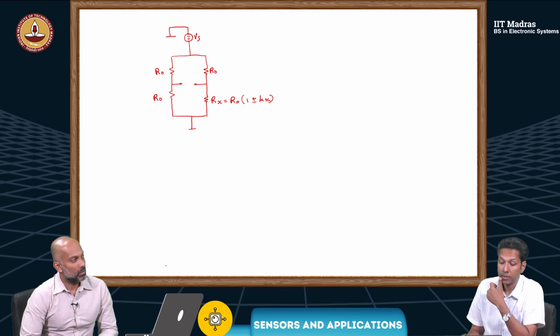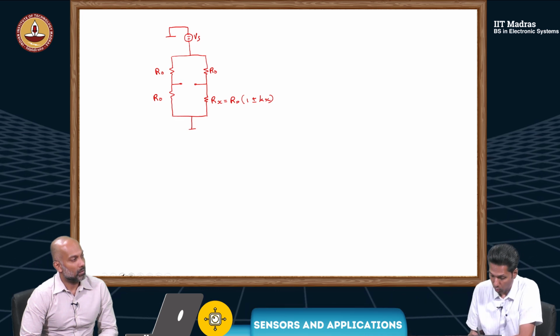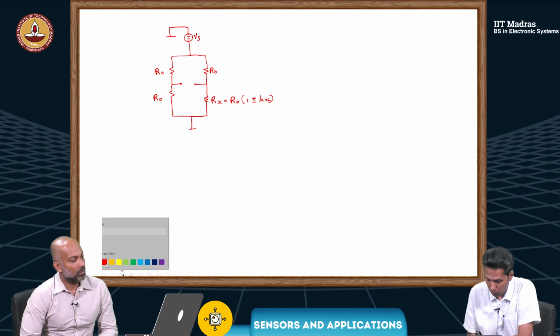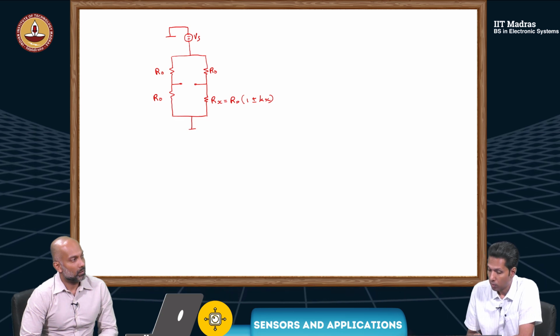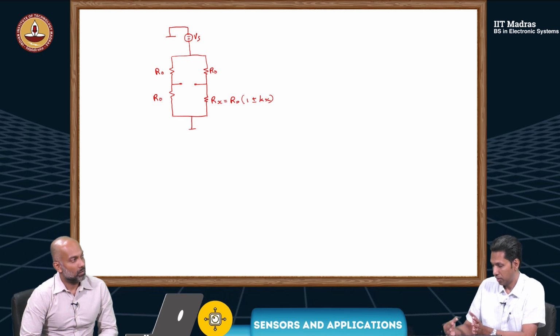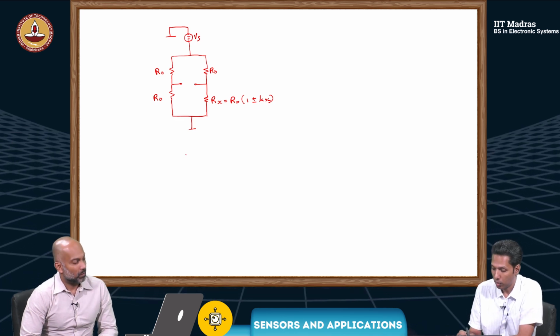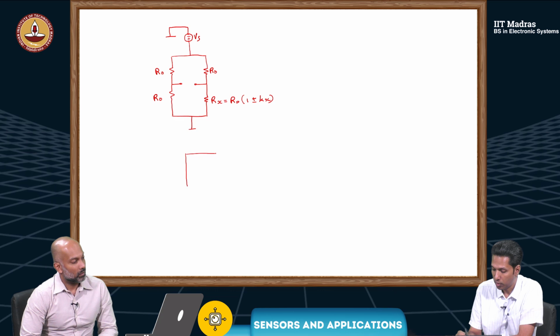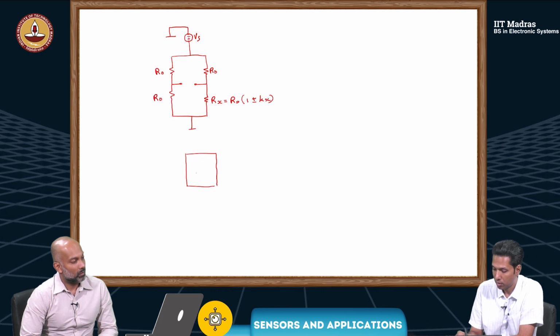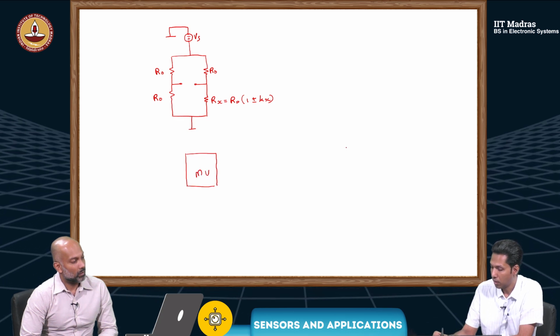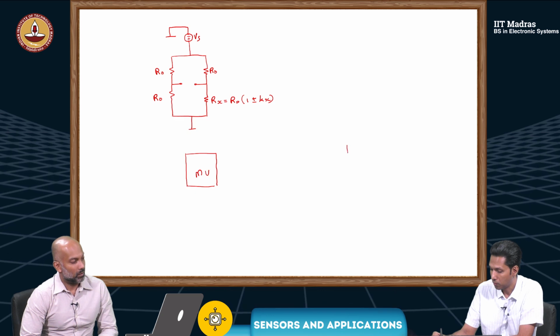So your question is, the bridge itself is far from the measurement unit. Yes. So I have the measurement unit here, and the bridge is somewhere here.